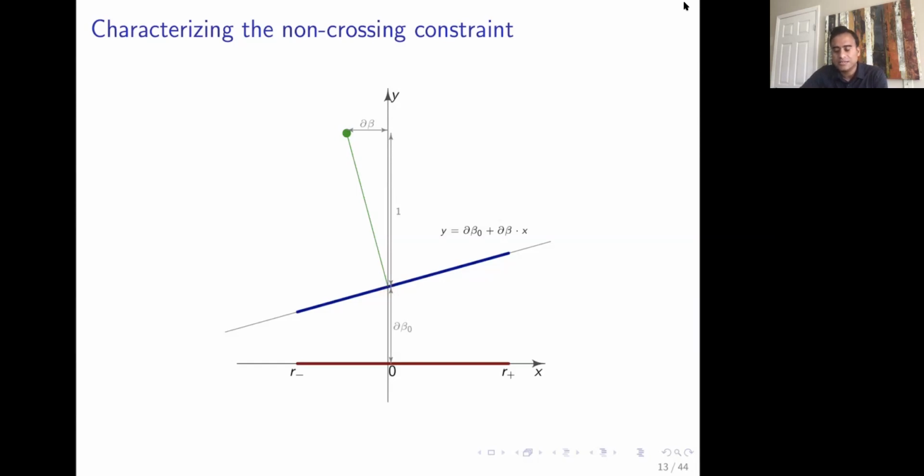How much can I tilt, given an upward vertical shift, and still not touch the red line down below? To see that, just think about this. This is the range within which the blue line can move, staying hinged here, and still not touch or cross down the red line. Correspondingly, this would be the range for this top part.